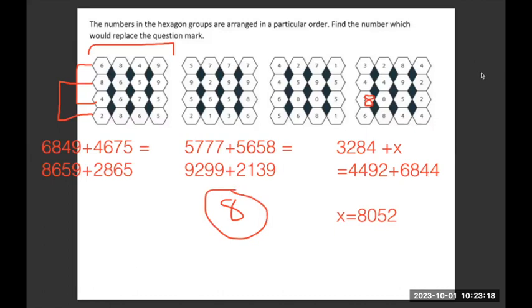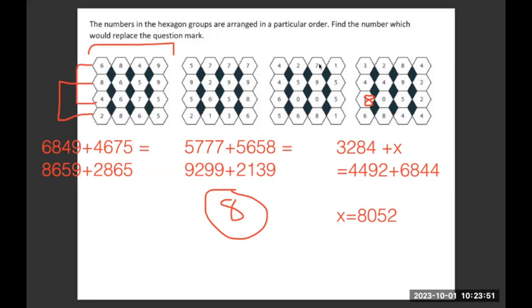Any doubts, any questions? This question again. So in this case, the first and the third number, 6849, I have written here the equation: 6849 plus 4675 will be equal to 8659 plus 2865. So the first number and the third number need to be added, and their total, the second number and fourth number's total, will be equal.